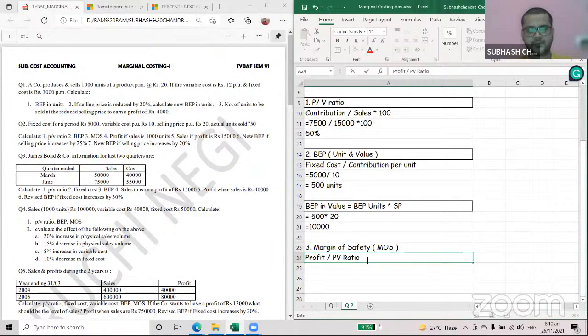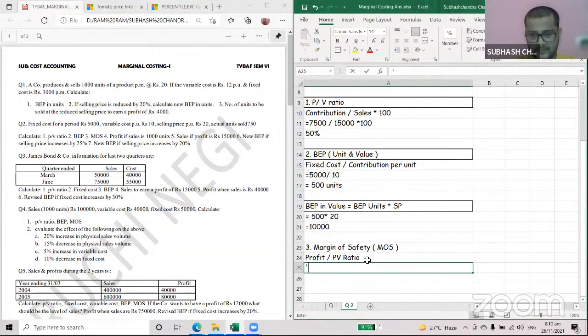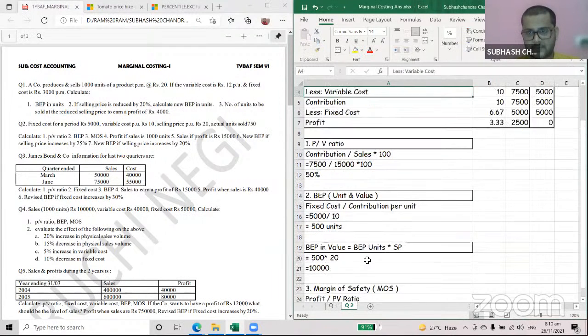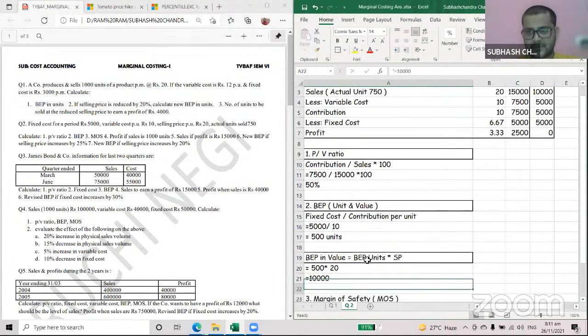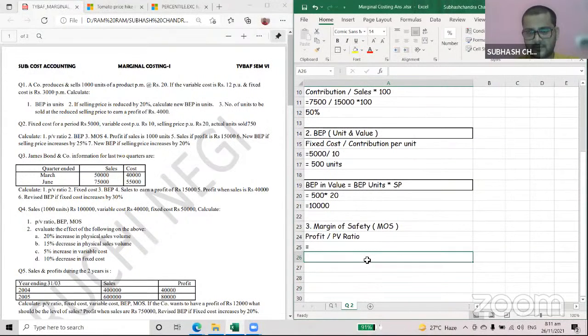How will you calculate profit? Profit means how much? From the marginal statement, what was the profit? 2,500. Yes. What is your profit? How much?